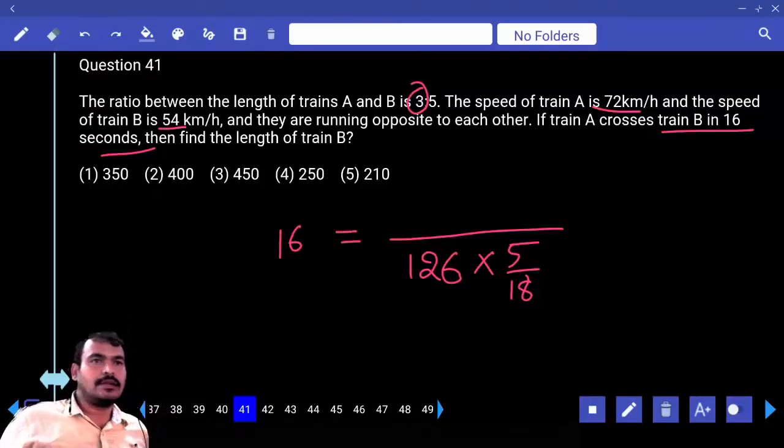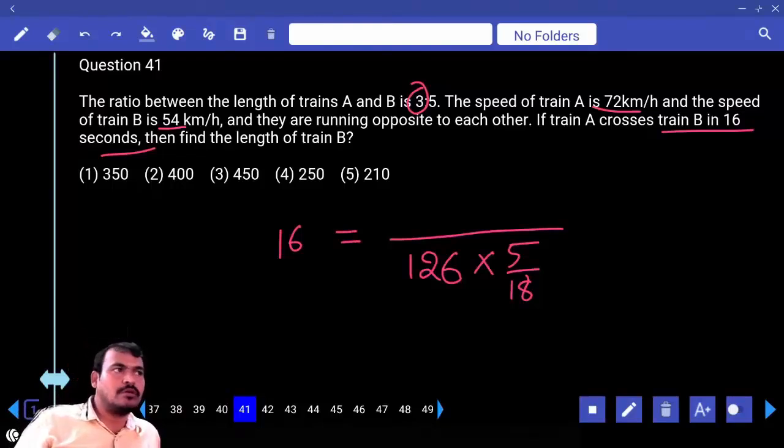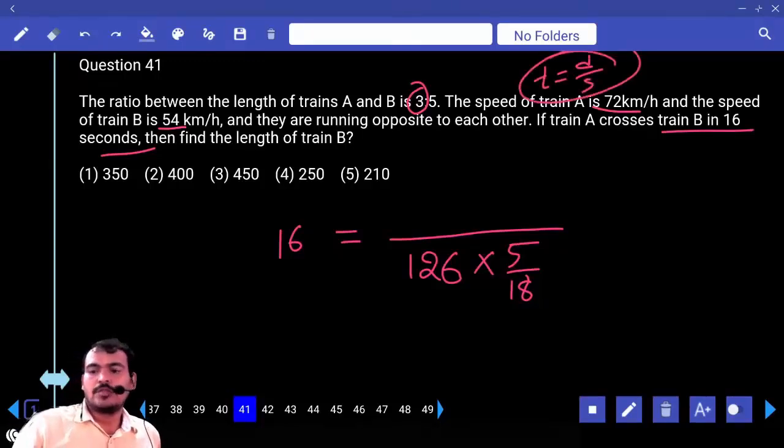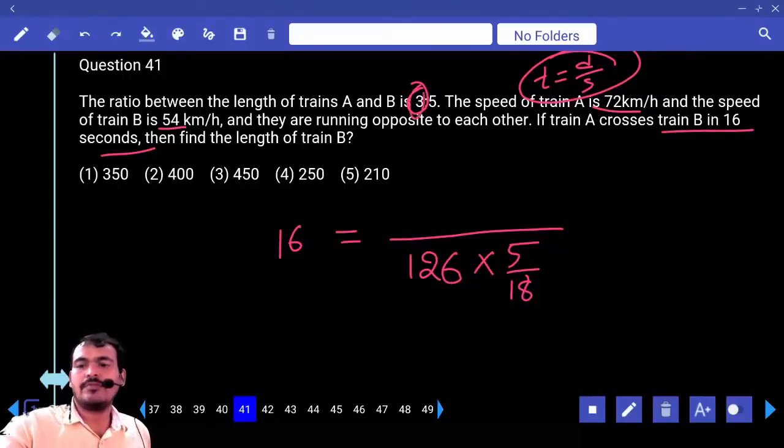That 16 seconds is equal to distance by speed. Time is nothing but distance by speed. Speed is 126 km per hour, converted to meter per second: 126 into 5/18. Time is already given, 16 seconds.